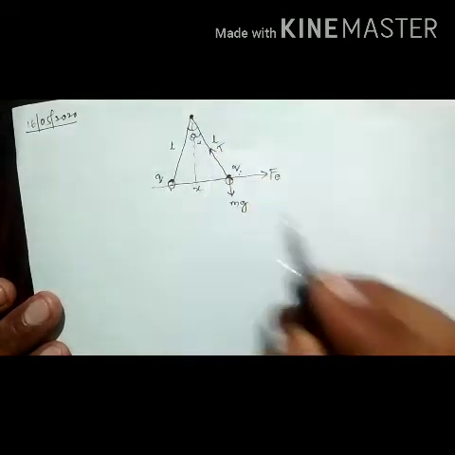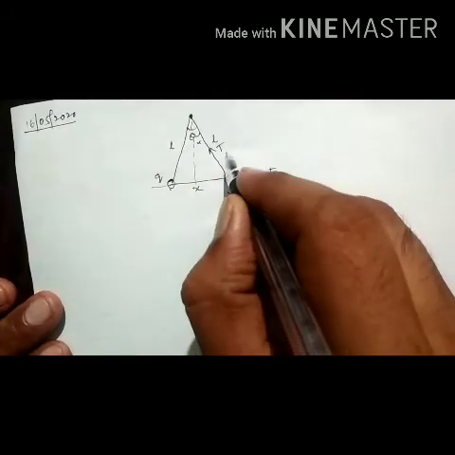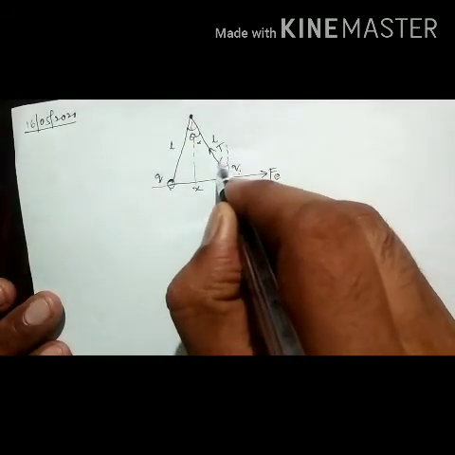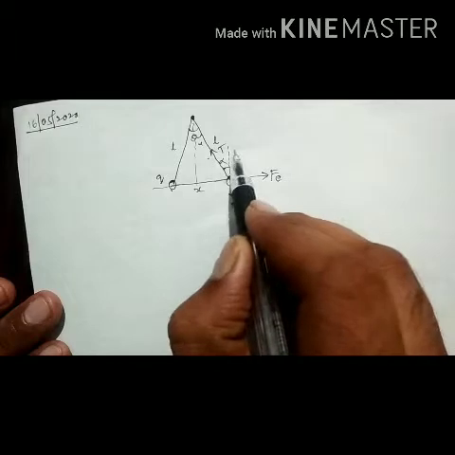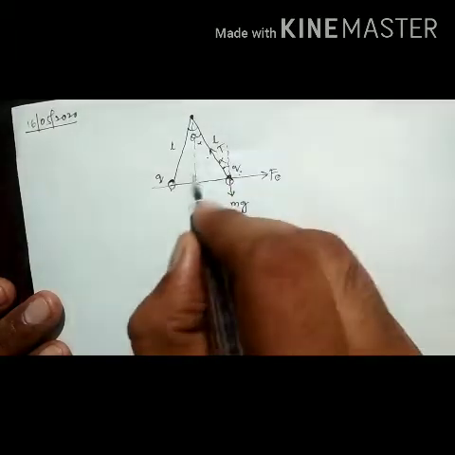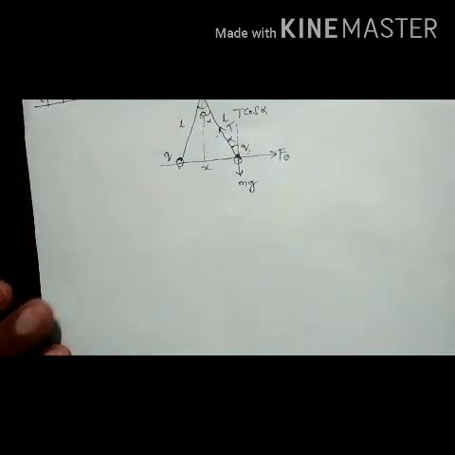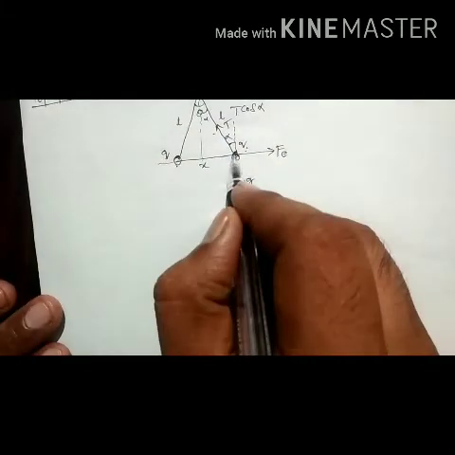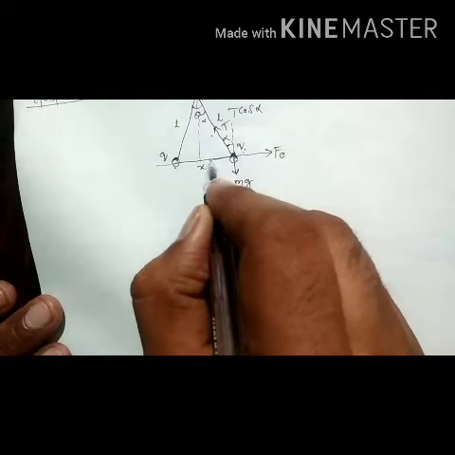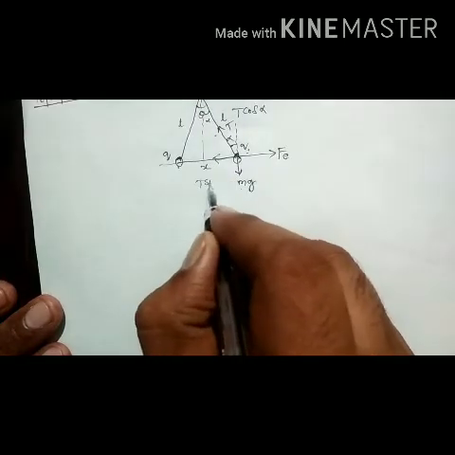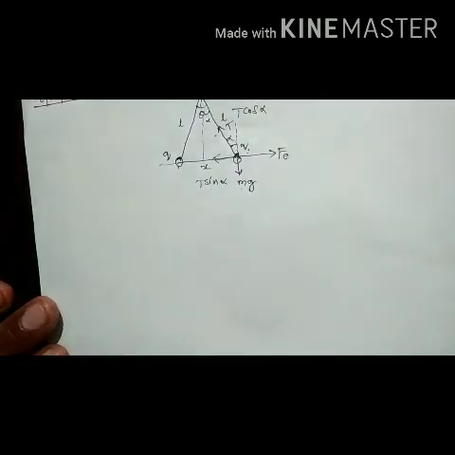Considering the vertical, here also I can write alpha. The tension makes an angle alpha with the vertical, so these are parallel lines, and the vertical component is T cos alpha. Horizontally it is T sin alpha.